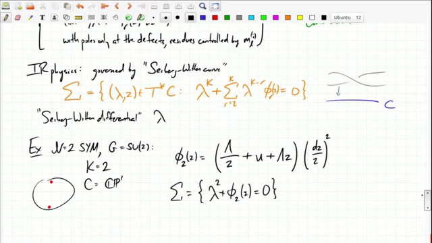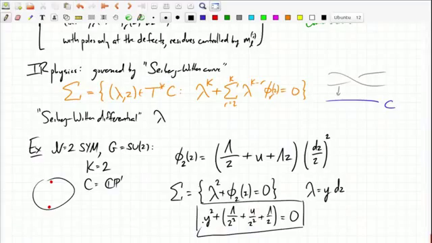So if you want a concrete formula for the Seiberg-Witten curve, here it is, but it comes out of this general recipe. For any theory of class S, there's a standard recipe for building the Seiberg-Witten curve as a k-fold covering over the curve C. Here, this particular one is a 2-to-1 covering over the curve CP1 parameterized by z.